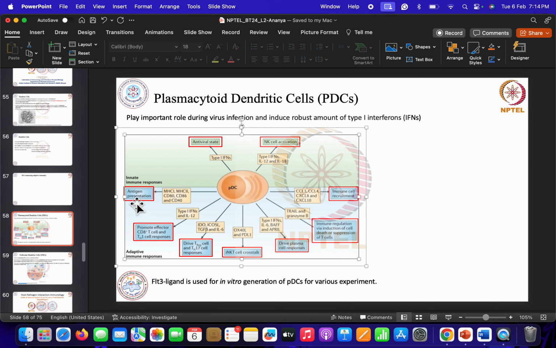So they do antigen presentation, which promotes effector T cell and Th1 cell responses, which drive T regulatory cell and Th17 cell responses. Natural killer cell crosstalk drives plasma cell responses. Immune regulation occurs via induction of cell death, suppression of T cells, and immune cell recruitment.